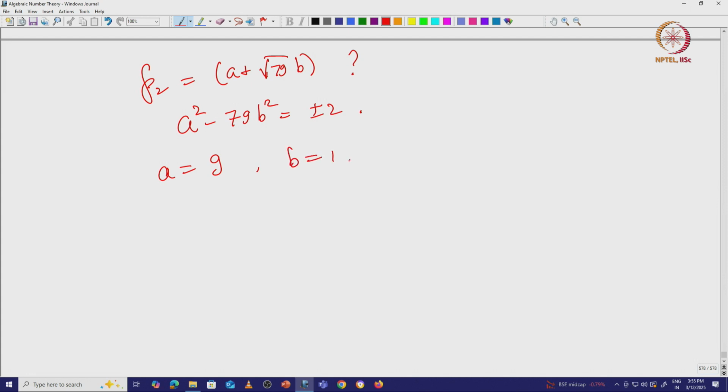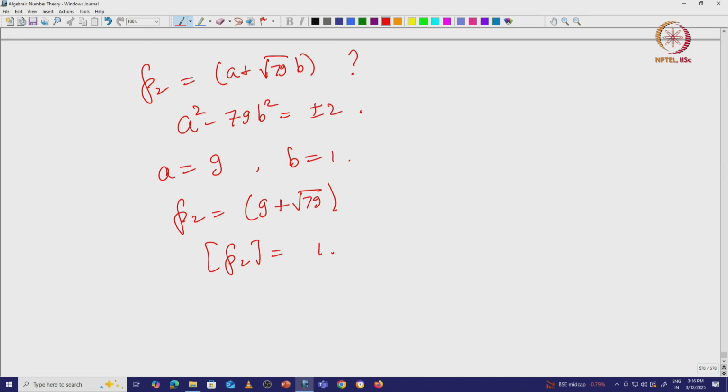And so P2 is generated by 9 plus square root of 79, and P2 is in fact just 1. It is not an element of order 2, but an element of order 1. That is why it is important to keep checking whether things that you have are principal or not.